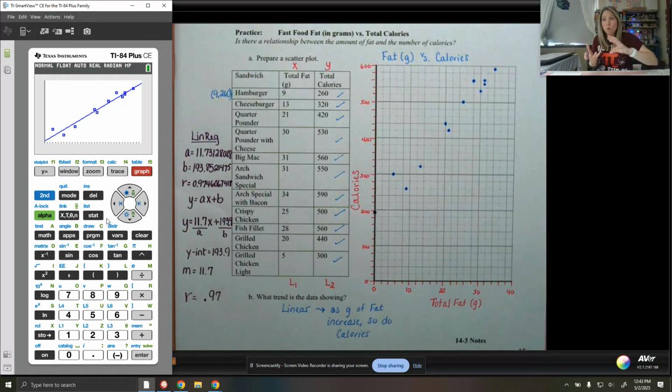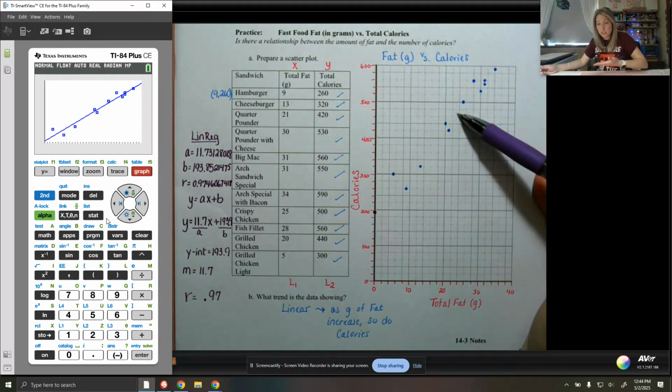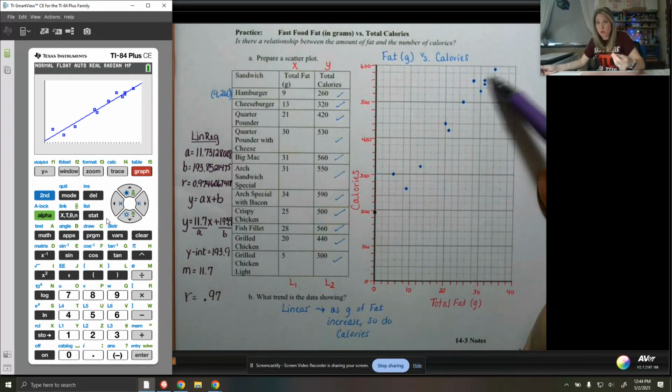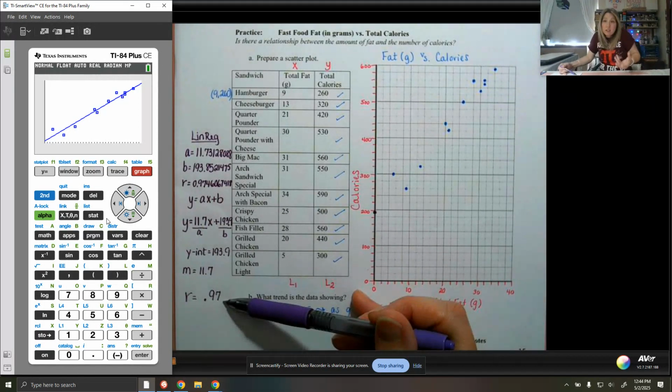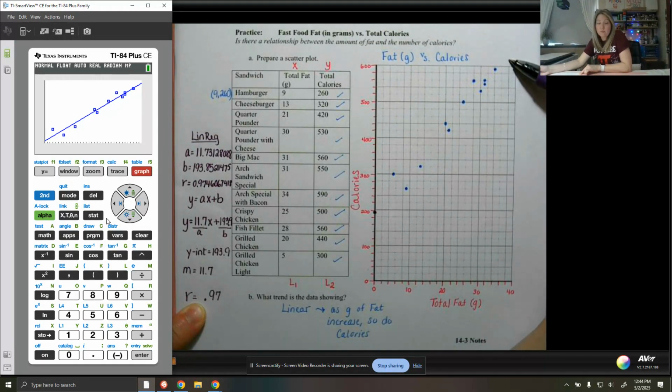giving me approximately how well correlated or related this data is to each other. So as your fat increases, so do your total calories, at approximately a 97% accuracy. Okay, this line of best fit is approximately that accurate to this particular graph.